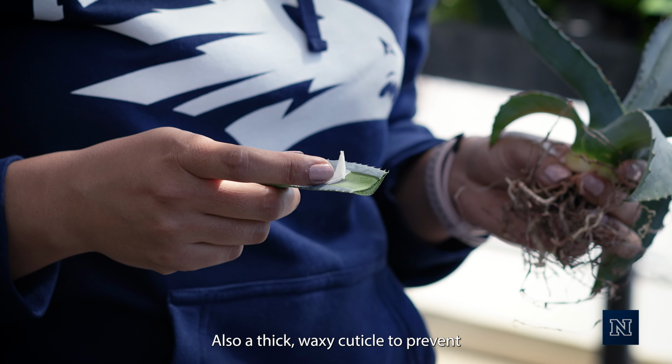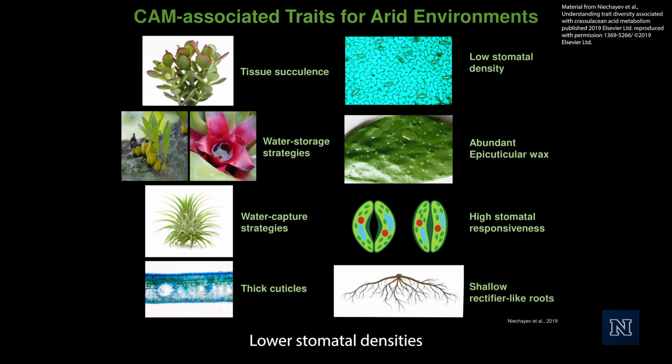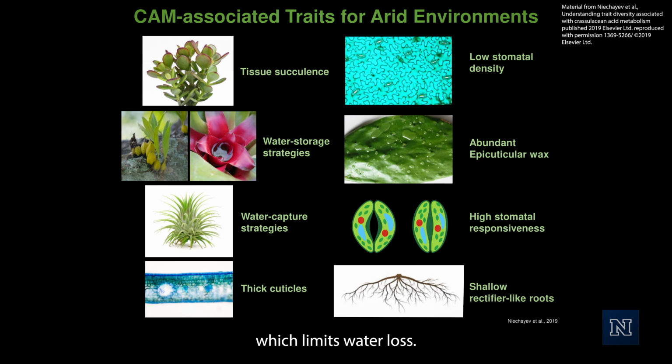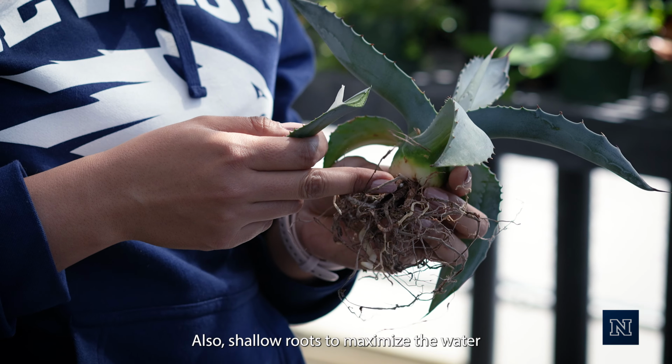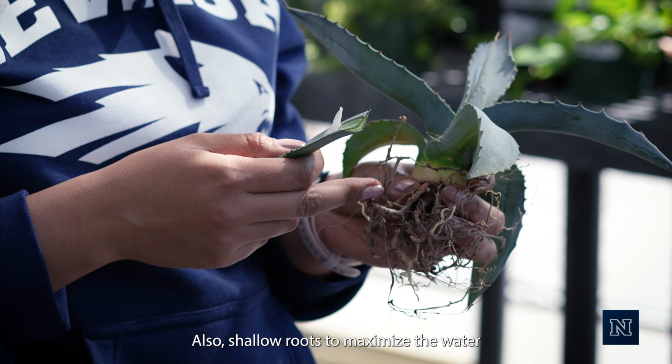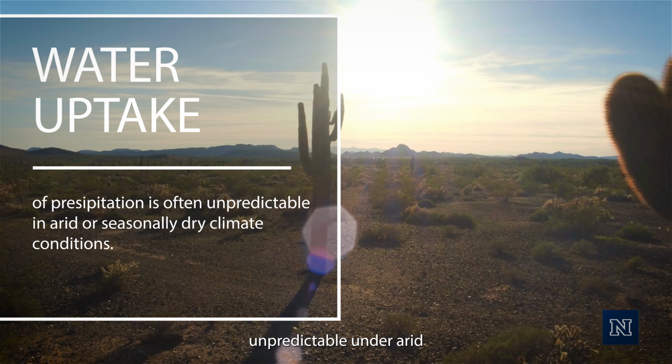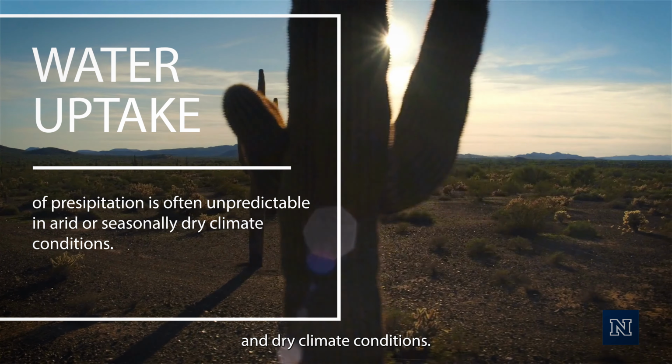Also, thick, waxy cuticle to prevent excessive water loss, lower stomatal densities, and highly responsive stomata which limits water loss. Also, shallow roots to maximize the water uptake of precipitation when it occurs, which is often unpredictable under arid and dry climate conditions.